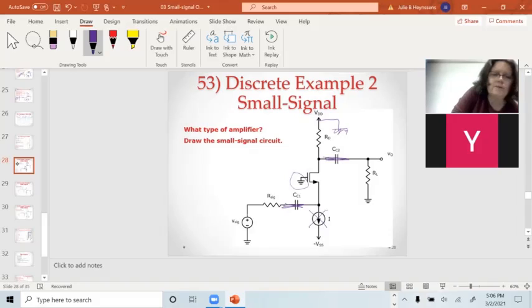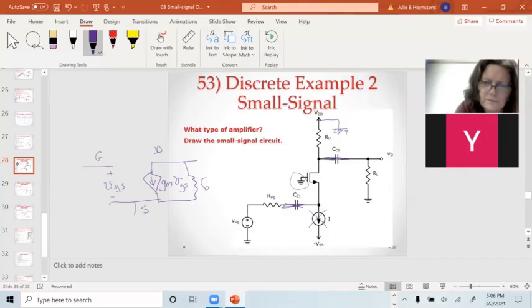If I want to draw the small signal model of this, I've already got a sketch of it over there, so I'm going to bypass that first step. I've got VGS, the source, the gate, and the drain. This is gm VGS, and this is little ro.